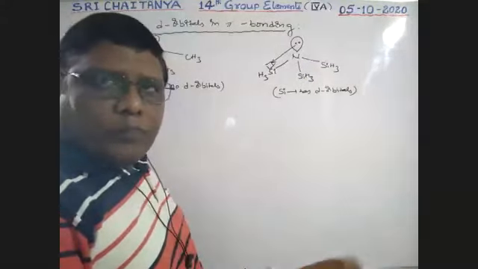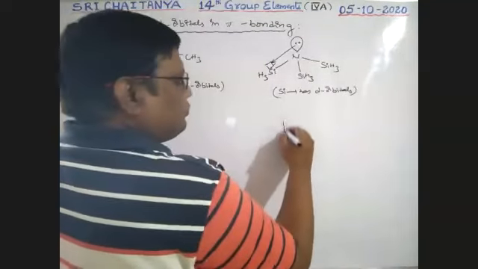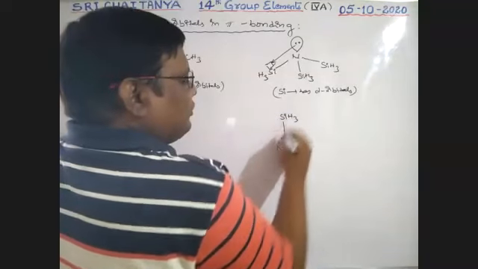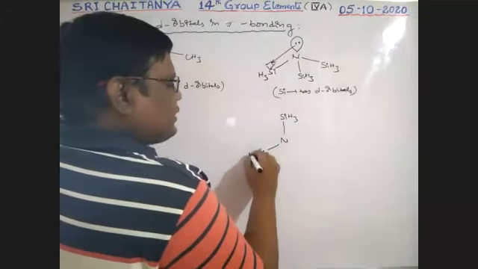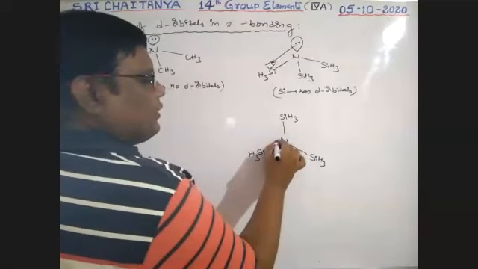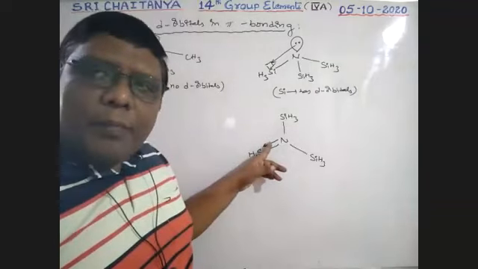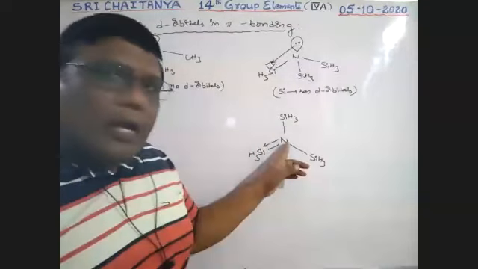That means it is actually pyramidal in shape, but finally it is rearranged to planar shape. And see here at nitrogen with SiH3, planar shape is there. So between these two, back bonding is possible. This is nothing but a pi bond. It is a d orbital and p orbital overlap.